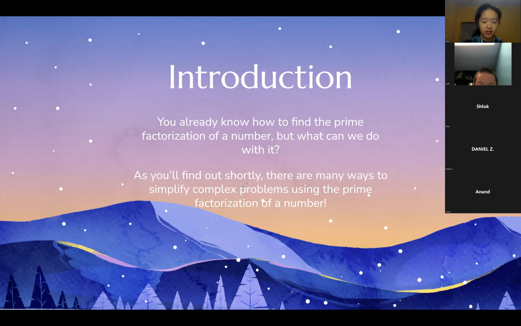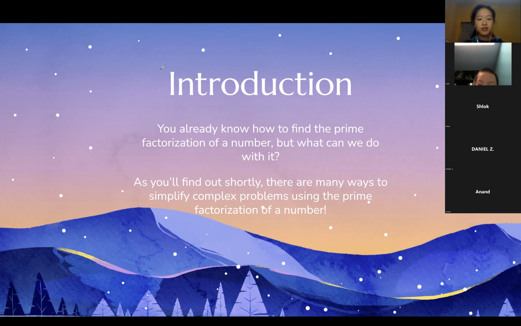Or the question might ask you something like how many factors of this number are multiples of 7. Luckily, you can still use this method for weird questions like that. You just need to make a slight modification.